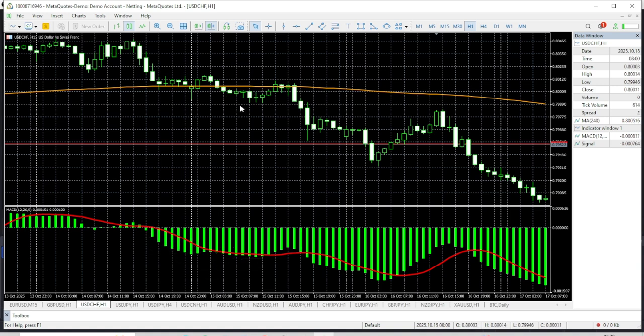That is here, the histogram is increasing in the down direction. Then of course the MACD signal line. Please note that both the histogram and the MACD signal line must be below the 0.00 level or the zero line.